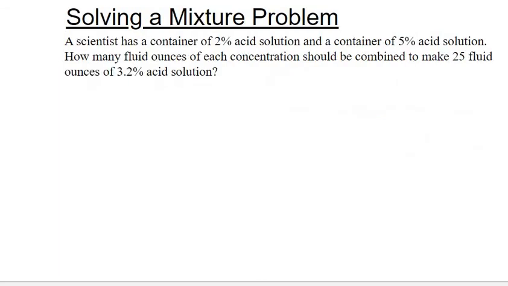Now let's go to solve mixture problems. If you have a problem about chemistry, where they want you to find the amount in a mixture of two chemistry solutions, we will form the equations and use the elimination method.